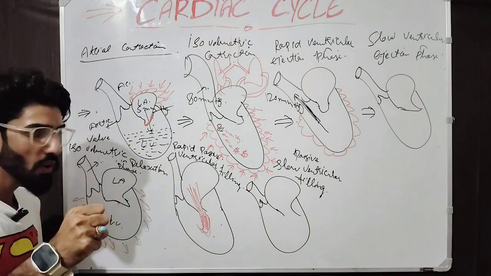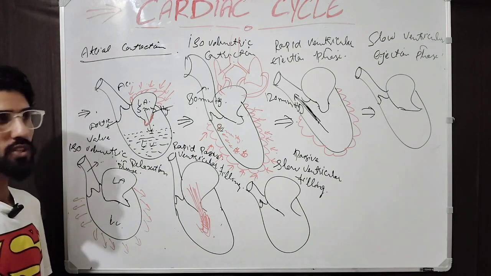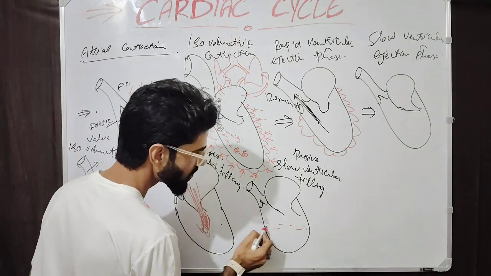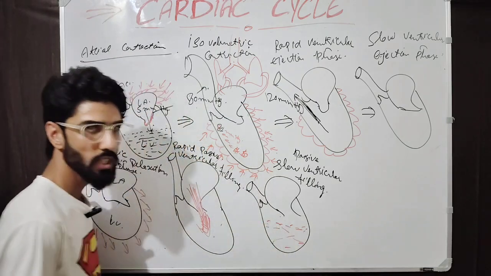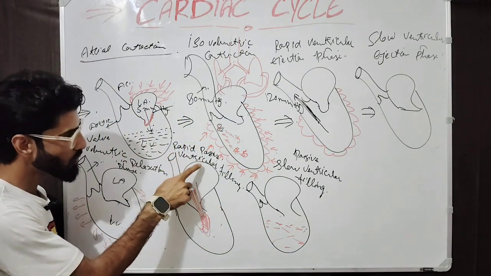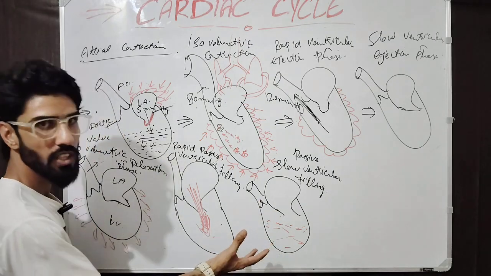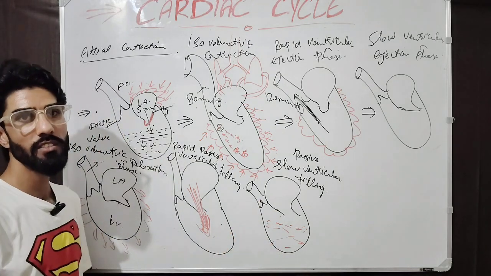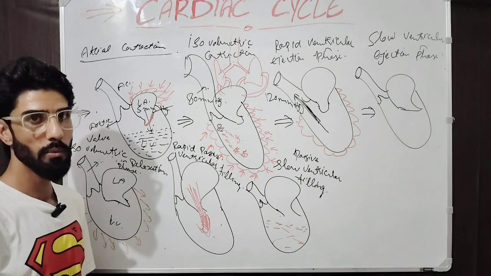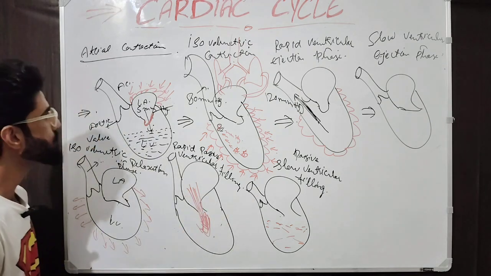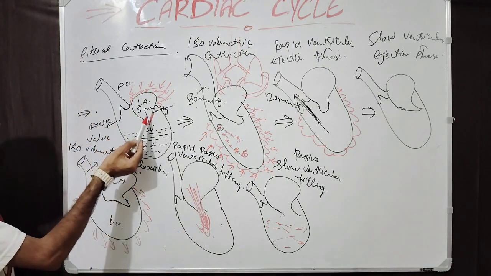The left atria has to contract again, so that it will fill the remaining 20% of the blood. There is passive filling during the rapid passive and slow passive ventricular filling. During these two phases, the left ventricle will be filled 80%. How much? 80%. So again, the atria will contract.